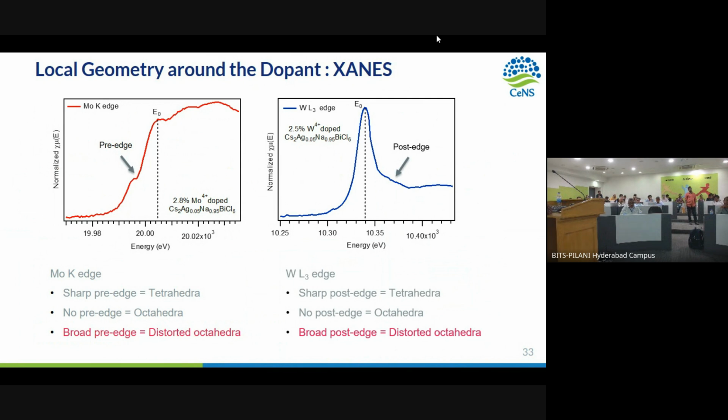Some chlorine and molybdenum 5p interactions give rise to this type of pre-edge feature. So you also need a good understanding of the electronic structure, the origin of this. These features are very low intensity, so sometimes it is confusing and can be misinterpreted.